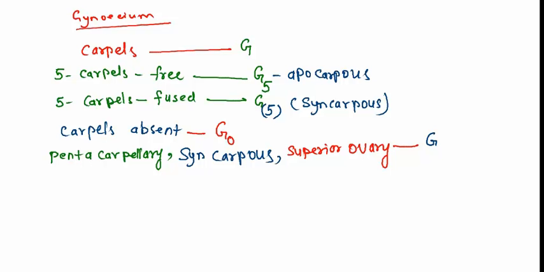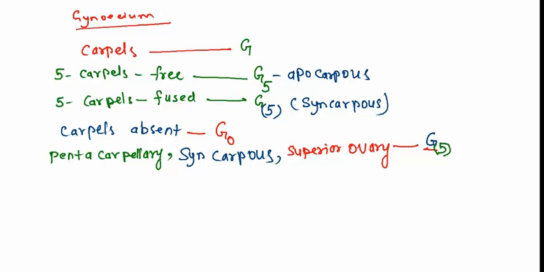A dash at the bottom represents the superior position of ovary, and the number of carpels is 5, so it is represented as 5 in brackets. This is called pentacarpellary syncarpous superior ovary.